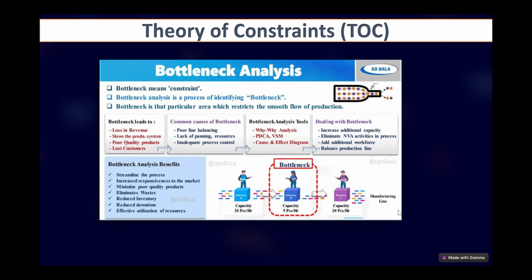It's not only for manufacturing, even for your RCM workflow, you have to understand what the bottleneck is, what all the processes you have, and then how we are going to manage it. This is a very important scenario. We will call this TOC, theory of constraint. Unless I understand the constraint, I am not able to solve my problem.